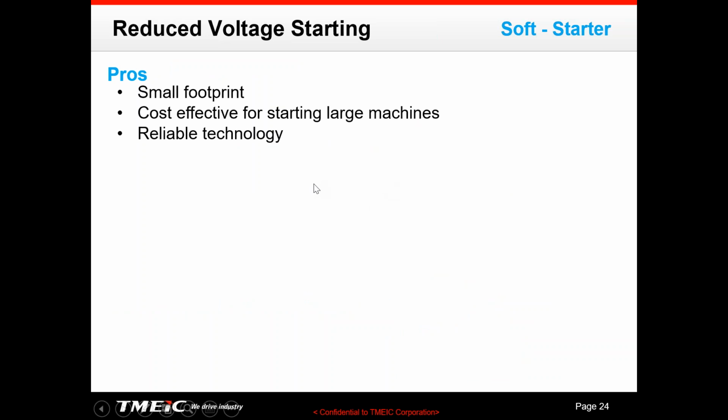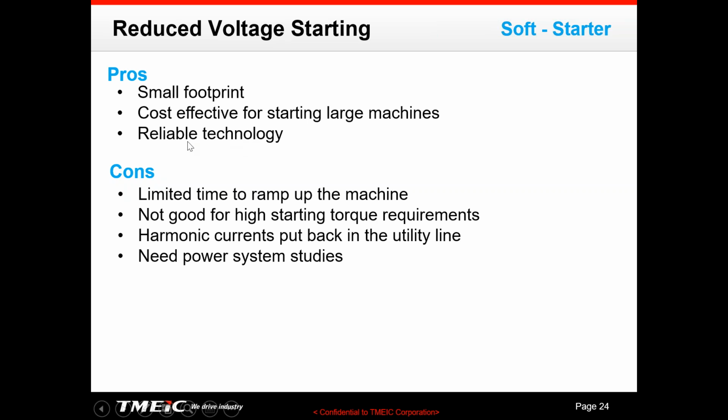So this is a small footprint, cost-effective and reliable technology, but some negatives are the limited time to ramp up the machine, because the soft starter actually has the max current limit for a certain limited time. So if you reach the max current and your motor has not yet reached the rated speed, the starter is going to trip.